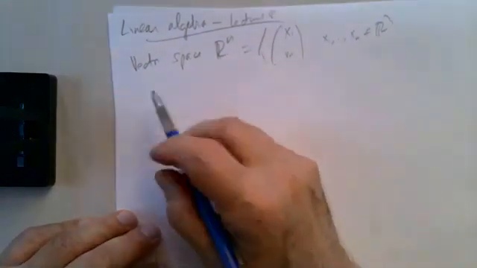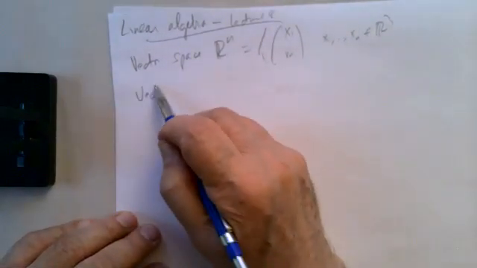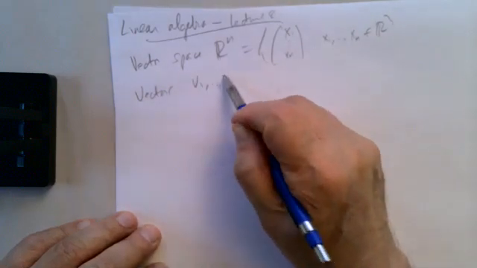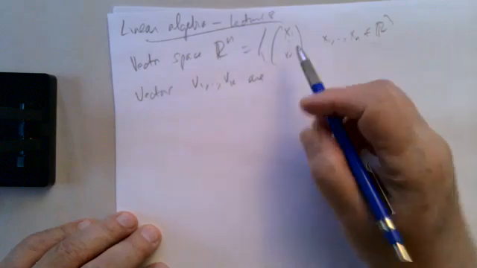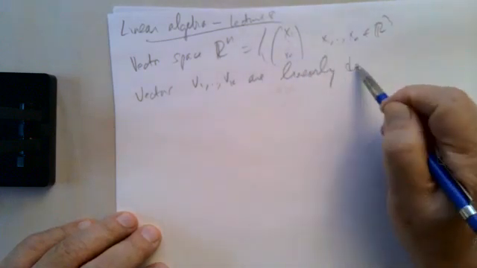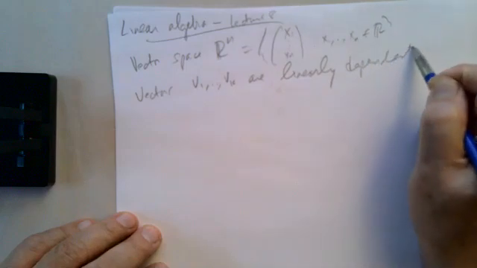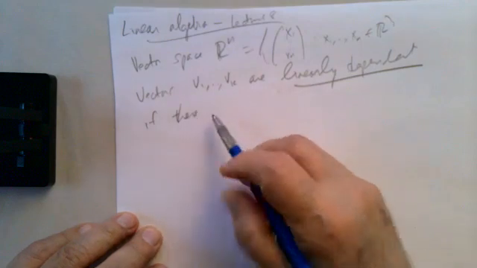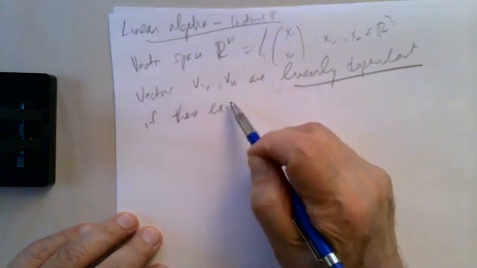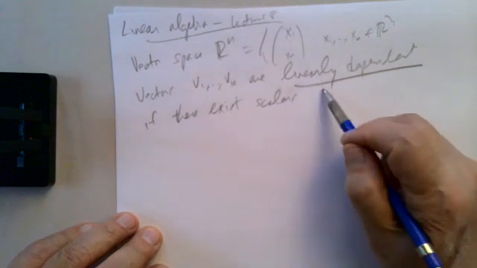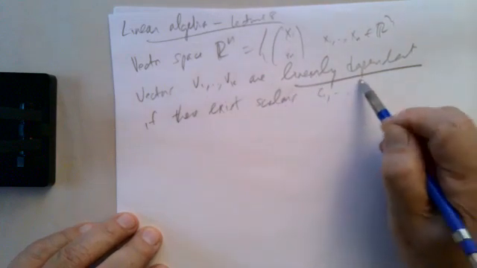And so we say that if you have vectors, say v1 up to vk, these are called linearly dependent if there exist scalars, real numbers, c1 up to ck.